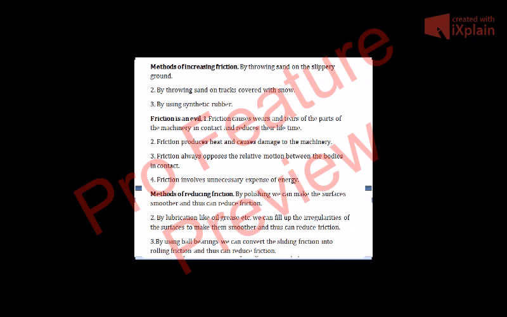So the actual surface in contact is reduced. That's fluid friction. We call it fluid friction where a body is moving through air or through water. The fluid friction can be decreased by streamlining the shape of the body.